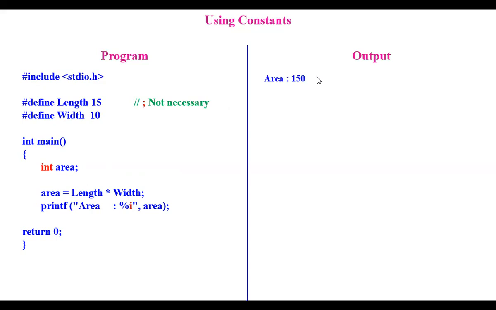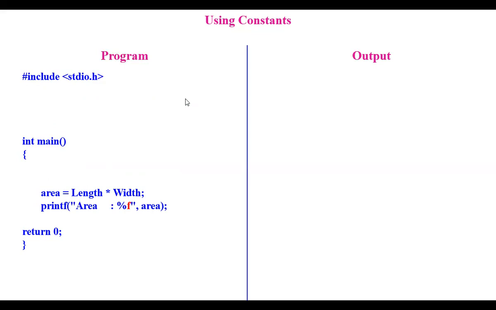You get area is equal to 15 into 10, 150. Okay, now let us make small changes in this and see what happens. We are going to declare them as 15.0, a float value. Similarly, width also 10.0. Even though it has no significance, I have declared it as 15.0.